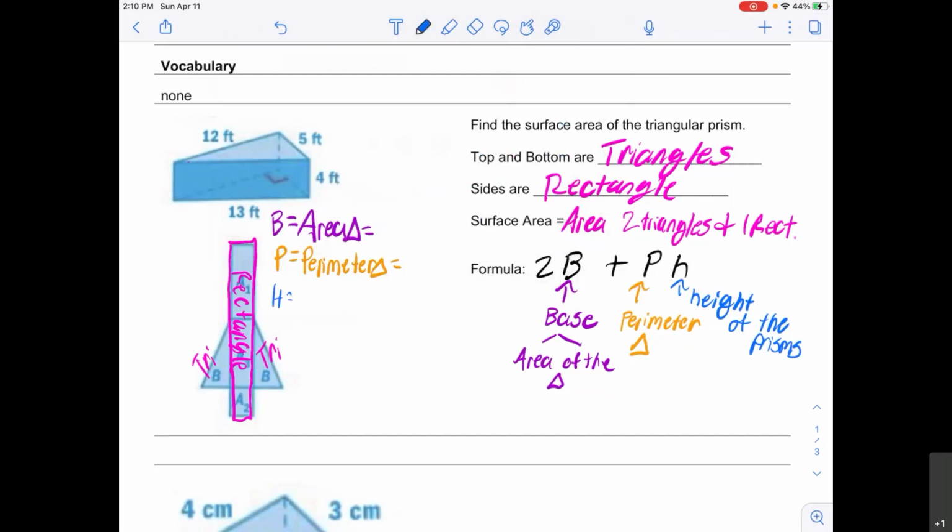Once we find those three things, we can just plug them into our formula. So let's look at this one here and see if we can figure it out.